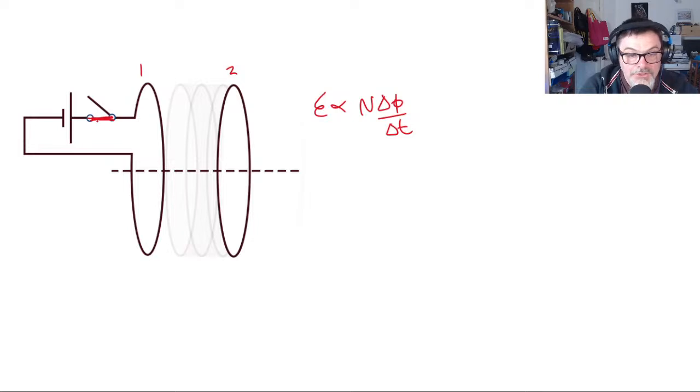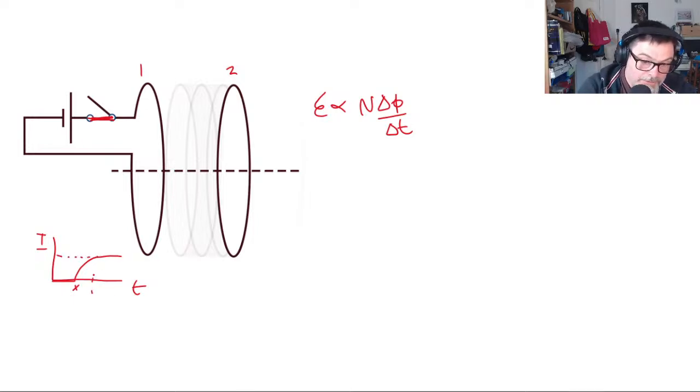So at the instant you flip the switch, the magnetic field lines flowing from coil 1 will build up as the current increases. Suppose you flip the switch at this point here, the current will build up like this until it becomes steady.